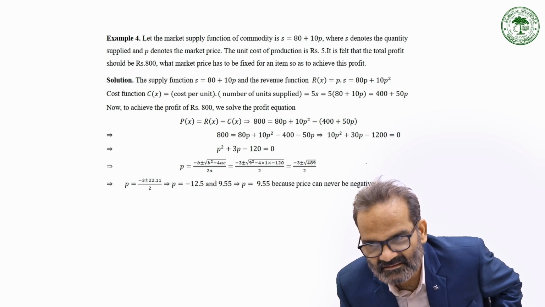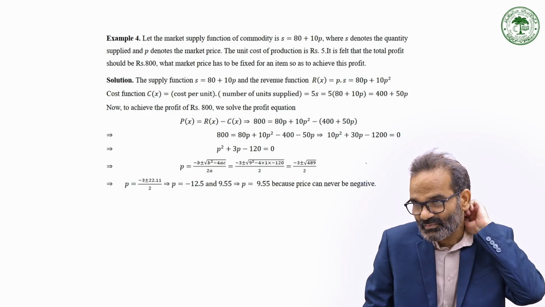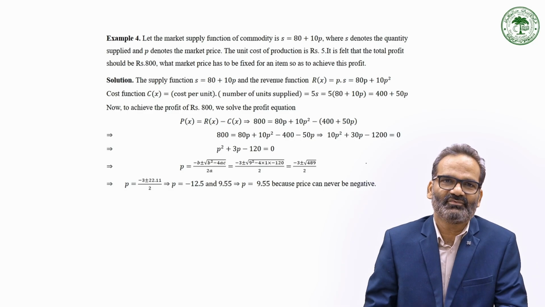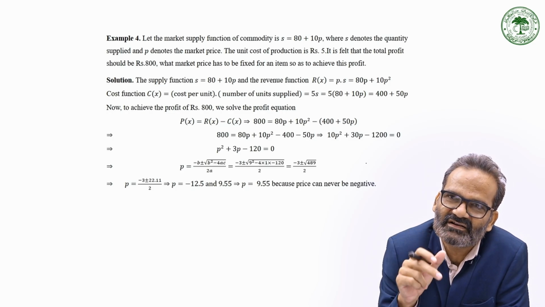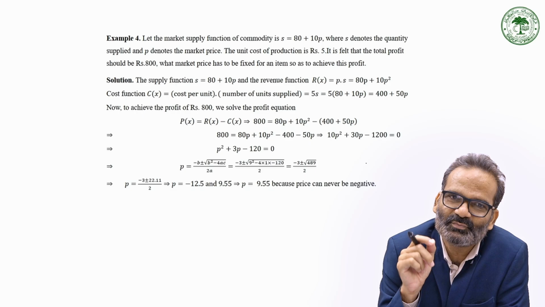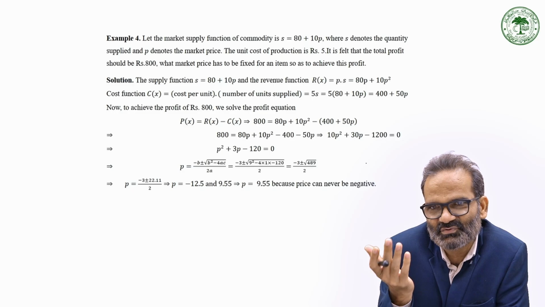What do you want to do? You will have to determine the prices. So what price of the commodity manufactured by the firm should be given so that the profit of the firm becomes rupees 800? Here the situation is just reversed.